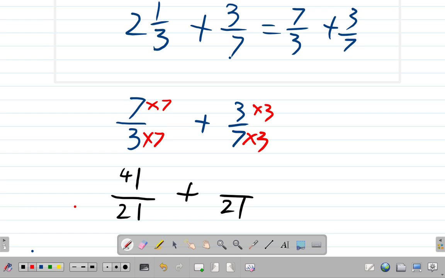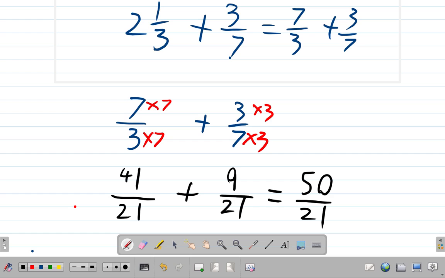So what you have there is 3 times 3 is 9 divided by 21. So you have 49/21 plus 9/21. That gives you what? 49 of anything plus 9 of that same thing will give you 58 of it. So it's 58/21.